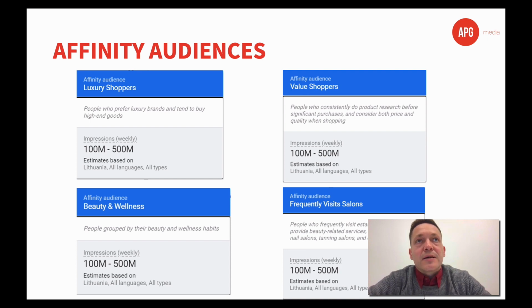Then you can have the upper funnel campaigns with the affinity audiences. Here, I want somebody who's a luxury shopper or value shopper, and maybe frequently visits salons or beauty and wellness things.